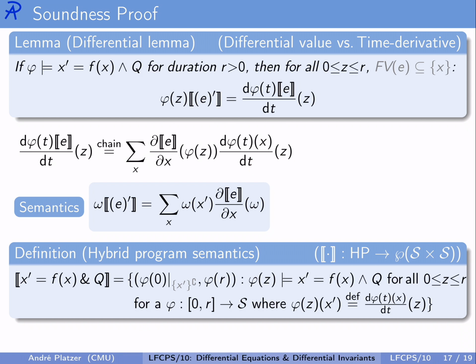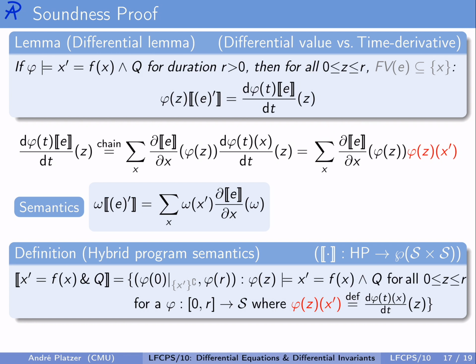Chain rule, right? It's the partials of the outer functions at the inner time, multiplied with the derivatives of the inner function at the same time. Now, for this, we know an expression, namely precisely along a differential equation, this is equal to the value that the x prime has at time z. So that is precisely equal to keeping the left-hand part exactly as is, but replacing this with the value that the x prime variable has at time z.